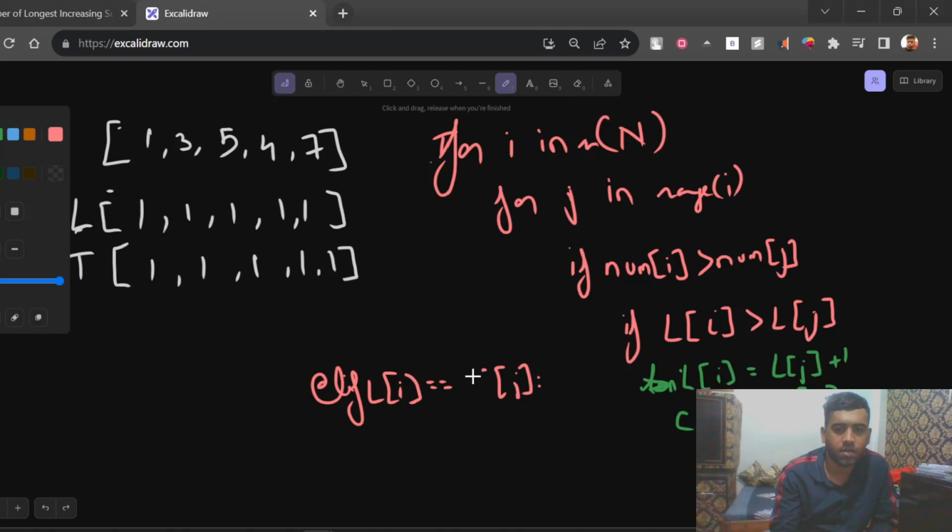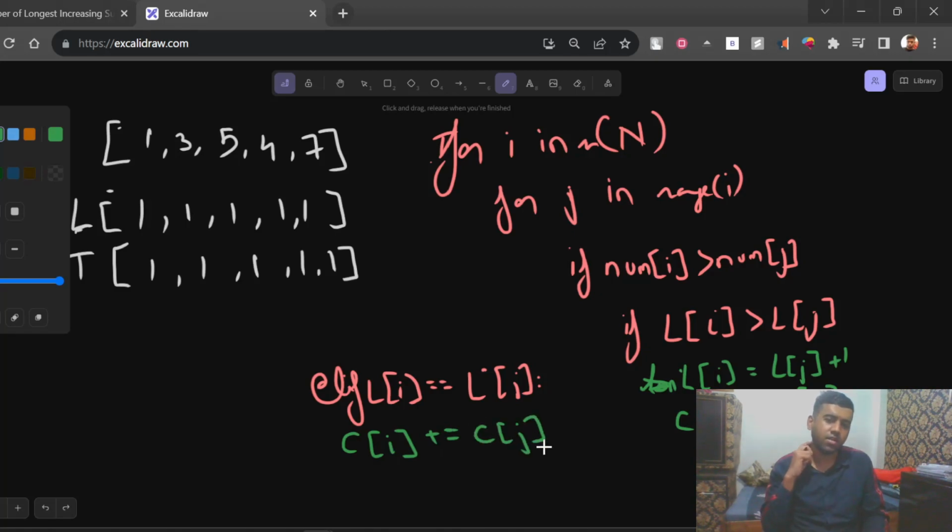I'll just write it again as well. Then what do we need to do? We can just do C of i and add it with C of j. Now how is this entire thing working? I'll show you now.